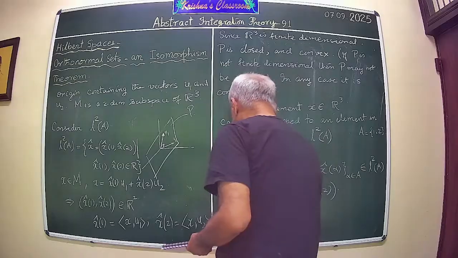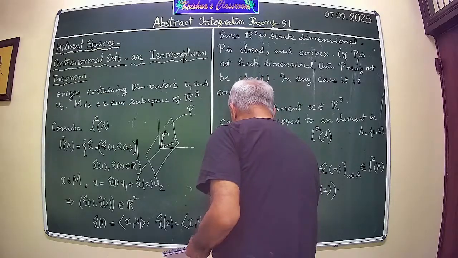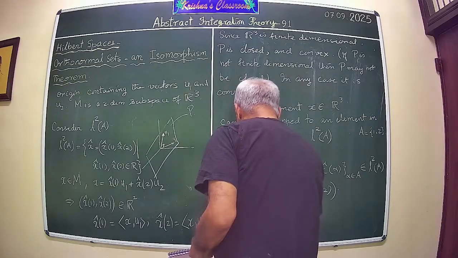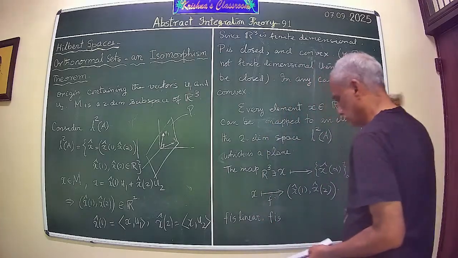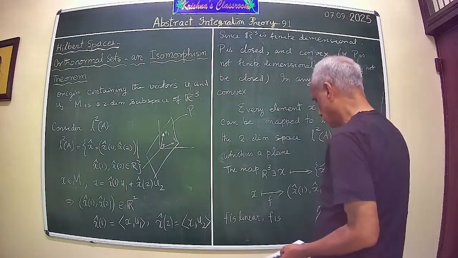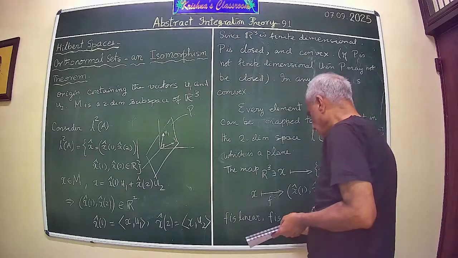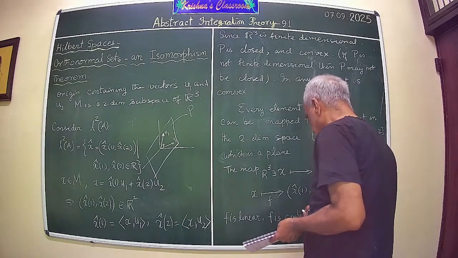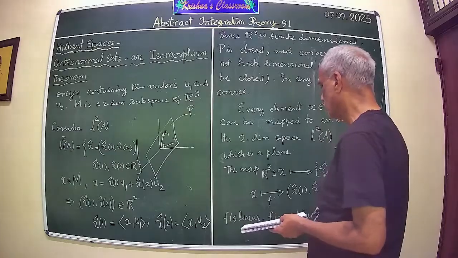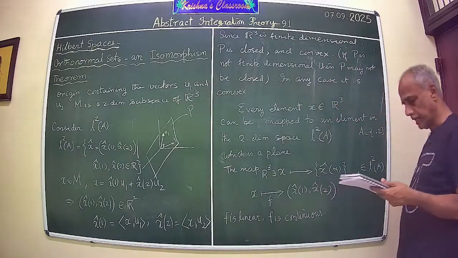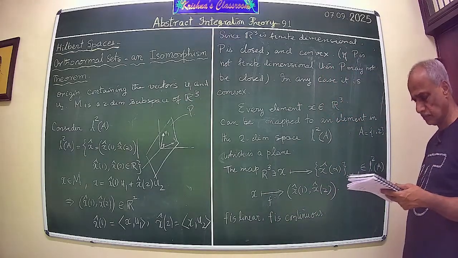Then F is linear, F is continuous. F is both linear and continuous.